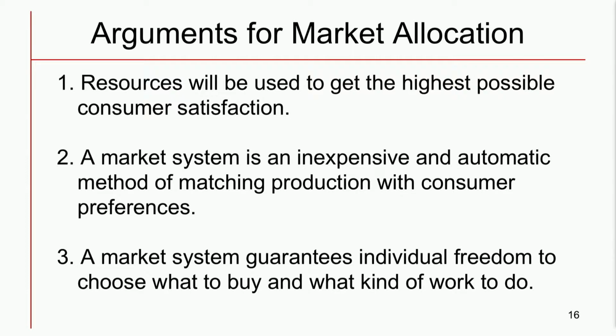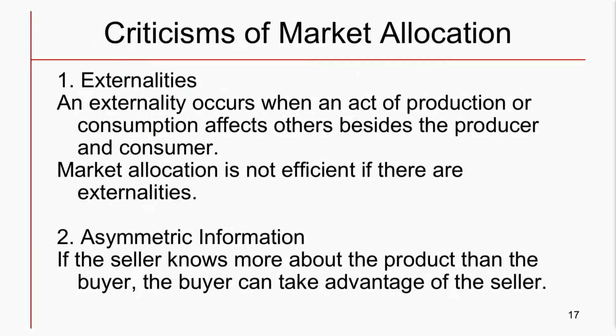And furthermore, that a market system guarantees a kind of individual freedom, the freedom to choose what to buy and what kind of work to do. On the other hand, critics of market allocation, and even some supporters of it, note that there are potential problems with the market as allocator.